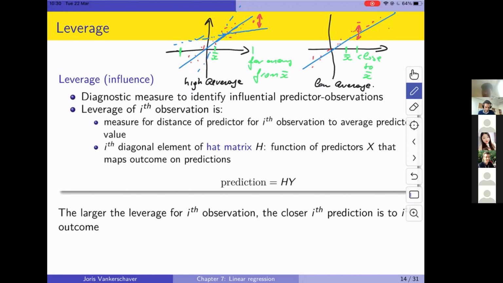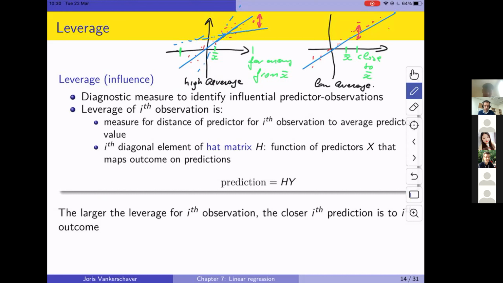So let's maybe recap what we have on the slide. It's a diagnostic measure to let you look at possible influential predictor observations, with the emphasis on possible. So it's not guaranteed that things with high leverage will be outliers. And what does the leverage measure?